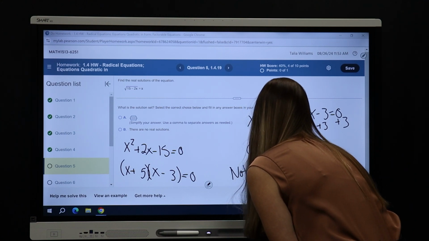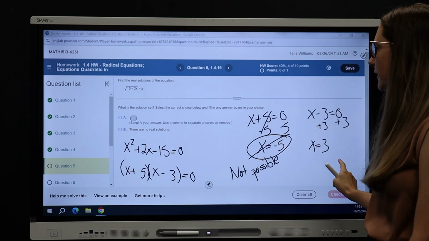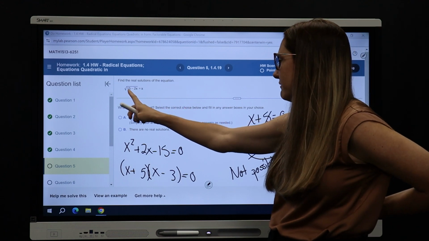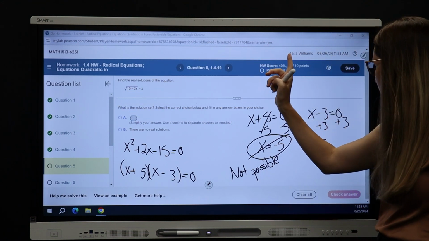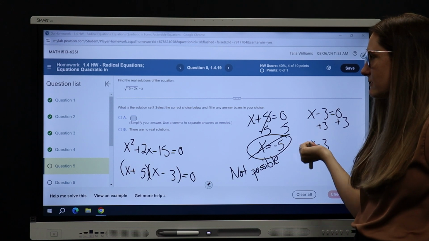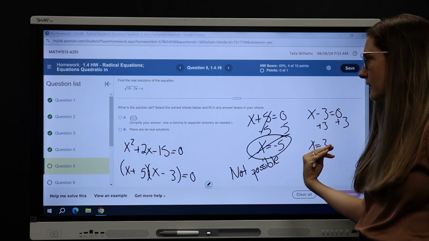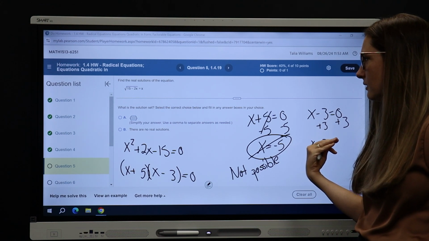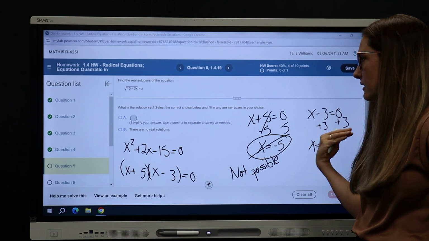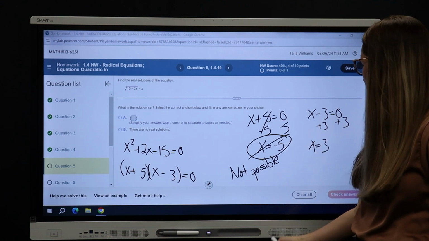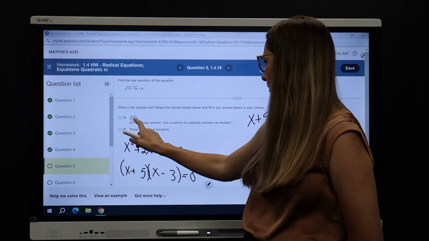So we may start checking these. This 3 here, if I put in 3, I have 15 subtract 2x. So 2 times 3 is 6. 15 subtract 6 is 9. Square root of 9 is 3. So that one works.